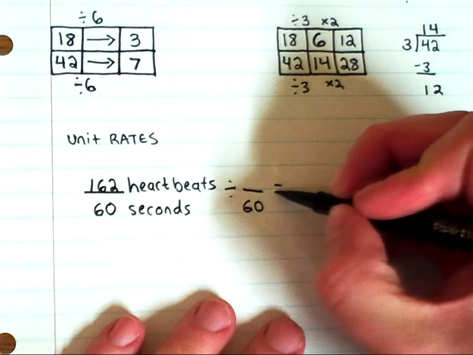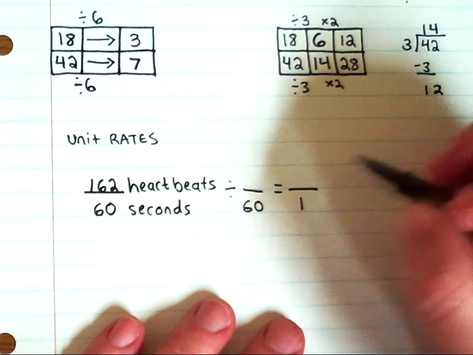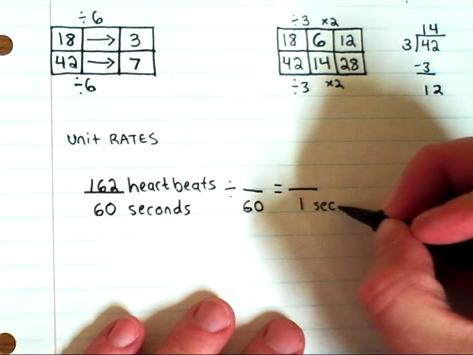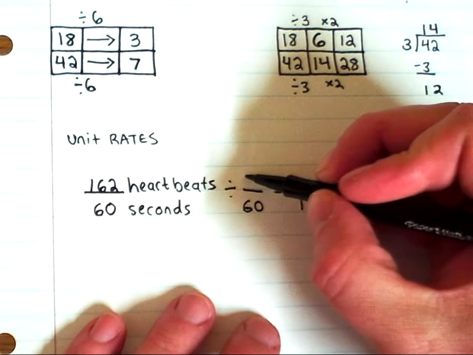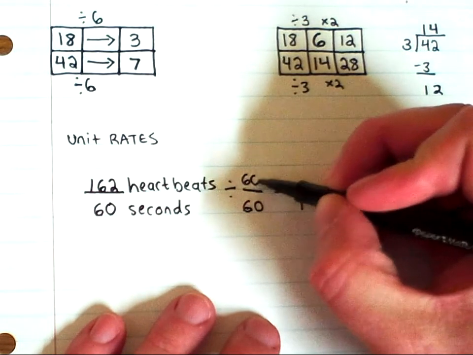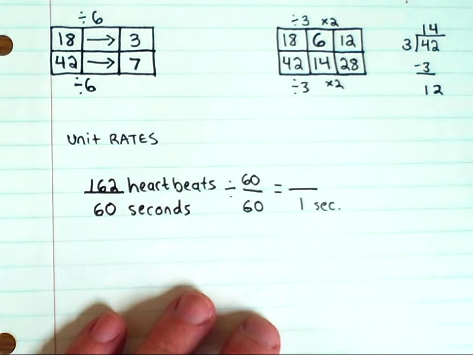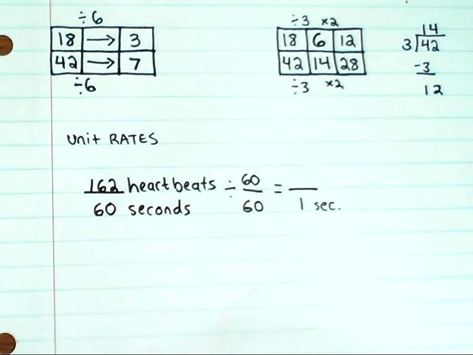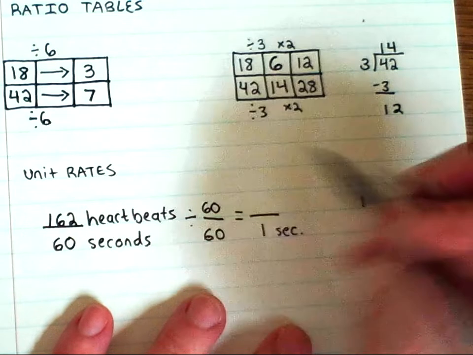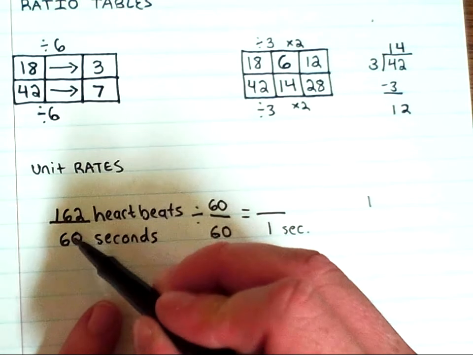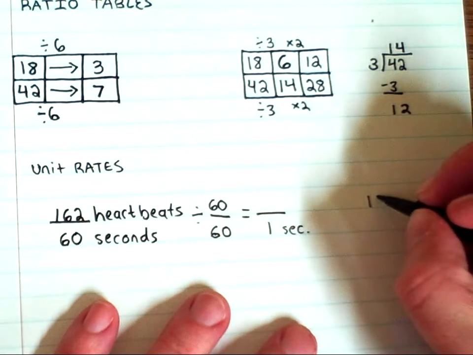You divide by the same number. So we get 1 second. Okay? And then I need to do 162 divided by 60. This one's a little more difficult, but still just following the same rules.